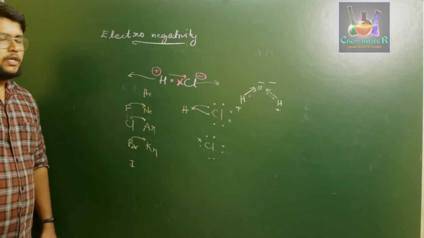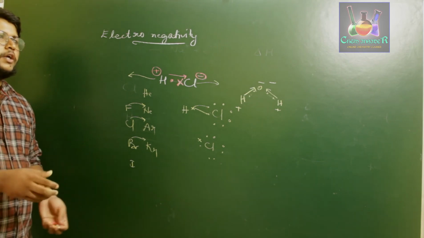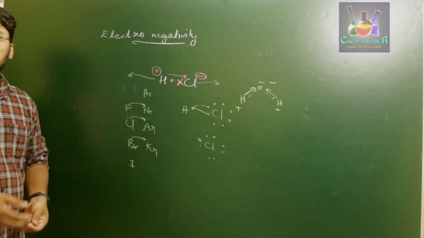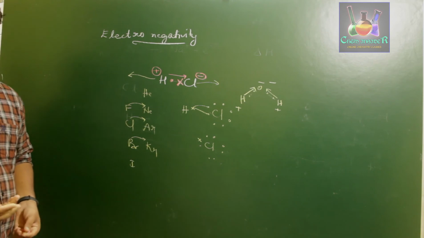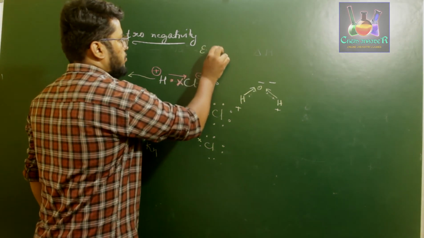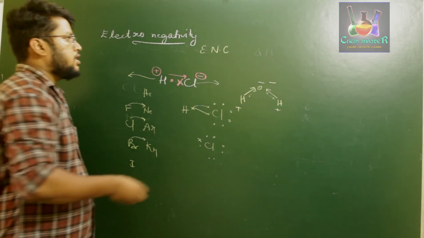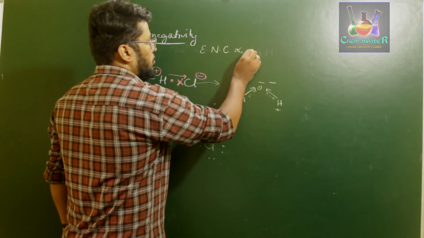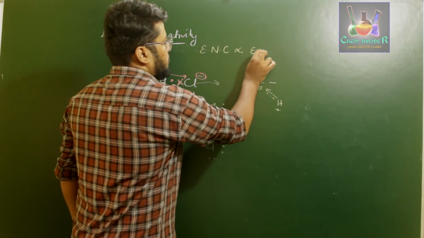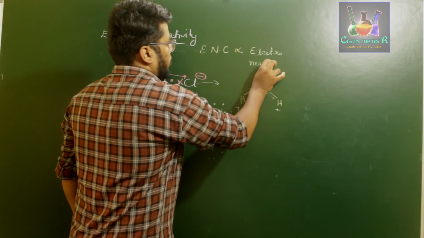So now, what is the trend of electronegativity in the periodic table? Usually, the trend is quite simple. It's almost similar to ionization enthalpy. That is, if the effective nuclear charge increases, it is directly proportional to electronegativity. Effective nuclear charge is directly proportional to electronegativity.